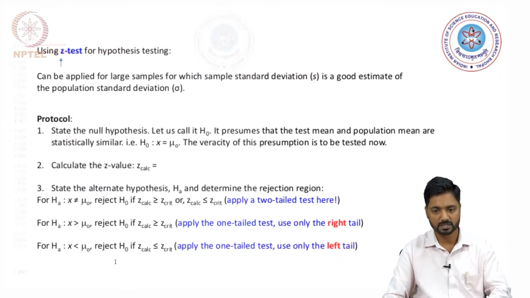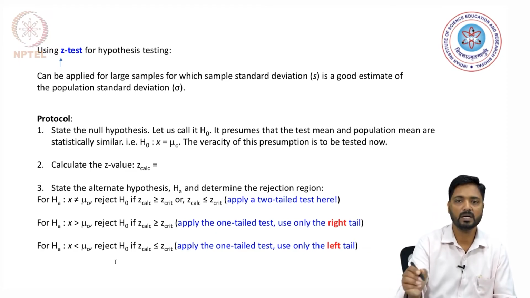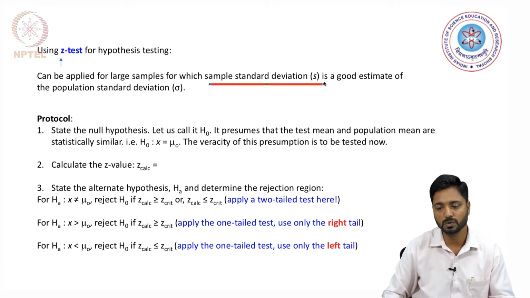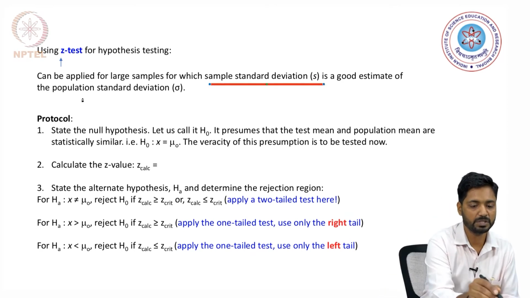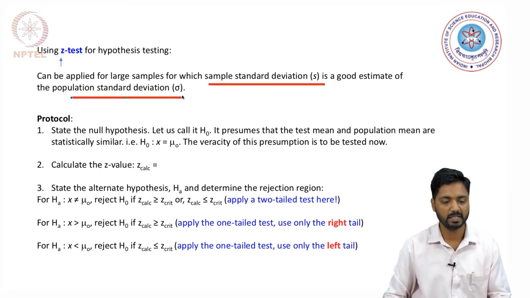Now, let us see how z test can be applied for hypothesis testing. So, it has to be clearly understood that when the sample standard deviation is a good estimate of the population standard deviation, that is when the z test can be applied.